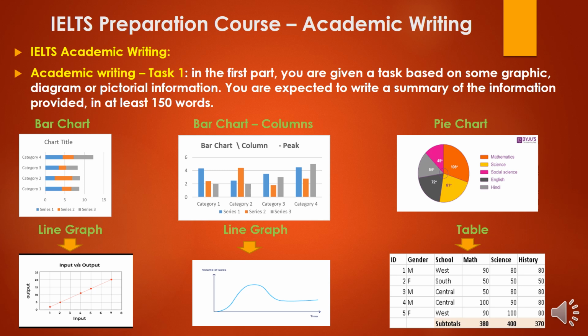The pictorial information given can be: number 1, a bar chart; number 2, a bar chart in the form of columns; number 3, a pie chart; number 4 and number 5 are line graphs in two different shapes; number 6, a table.